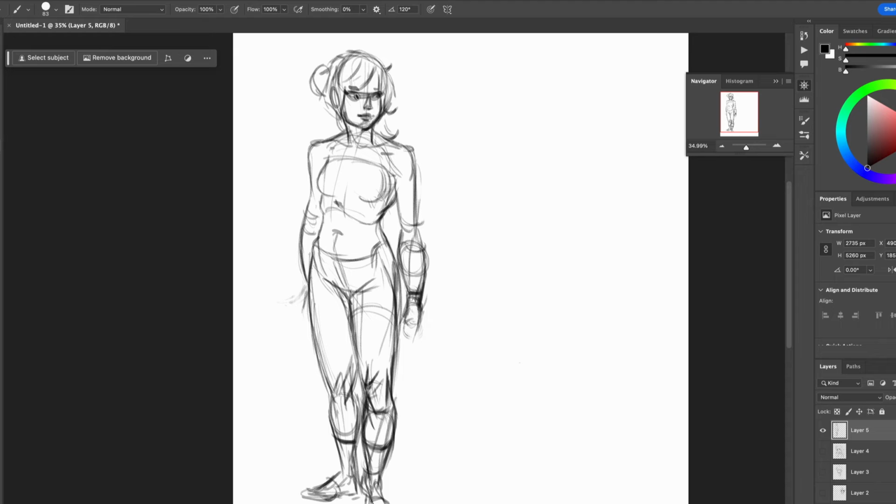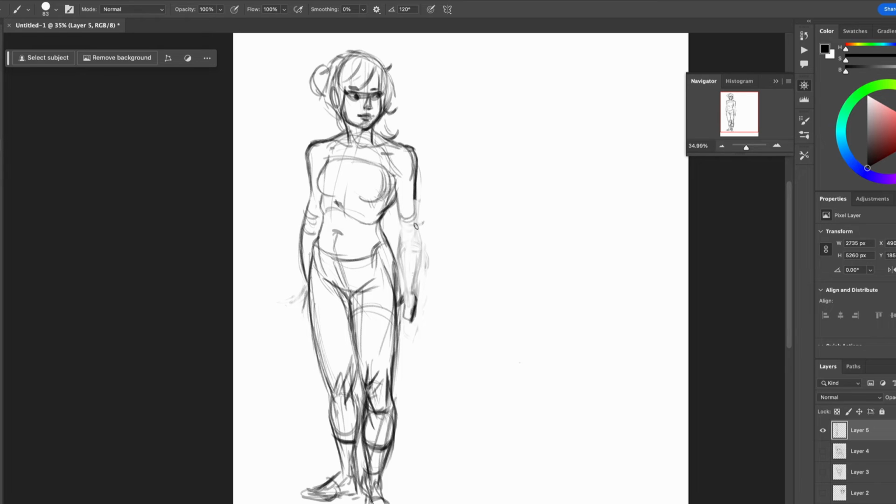So yeah, that arm looks a little bit funky for me, but I'm going to fix that in a little bit. Oh, another important point. It's not just the spacing from head to toe, but also the spacing from shoulder to shoulder that people don't pay enough attention to.